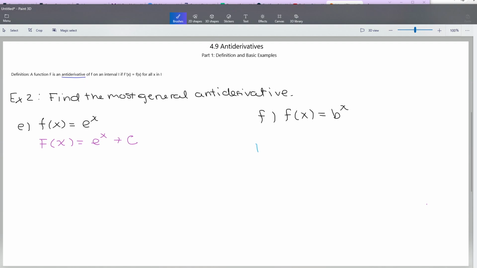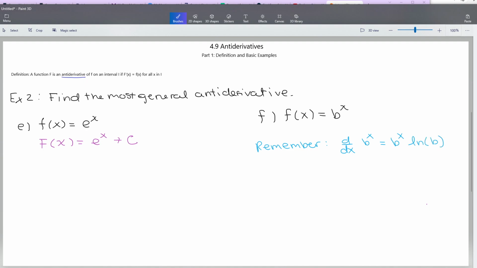Now for b to the x, right, for a different base, it's important to remember the derivative, right? So remember when you take the derivative of b to the x, what you get is b to the x natural log b.